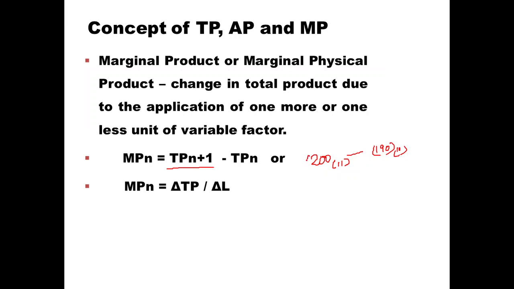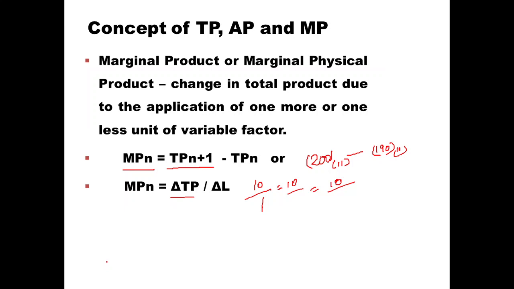So what will be the difference? The difference will be 10 units only. So the marginal product of this last labor will be 10. Similarly, this way also you can calculate: say the change in total product is 10 and the change in labor is 1, so it is also 10. This way also you can calculate the marginal product.